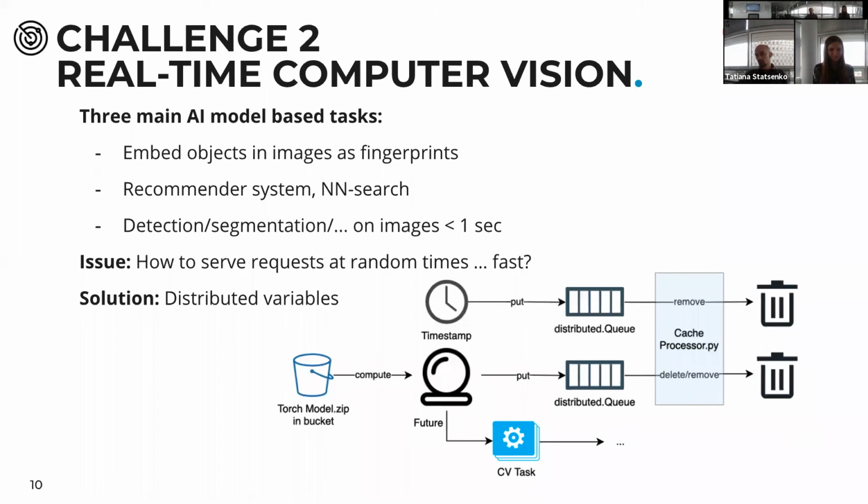And we control the lifetime explicitly by getting the intermediate results of such long loading tasks, getting the future, and then putting them on a distributed queue alongside the timestamp. The timestamps, queues and futures of the models are checked regularly in a separate Python process that runs all the time. We call it the cache processor. It loops through them and removes the too old ones.